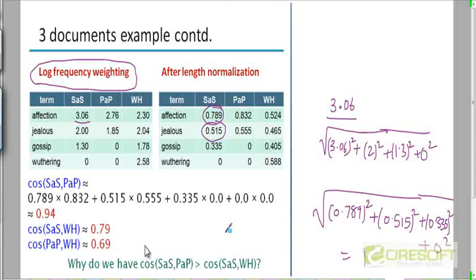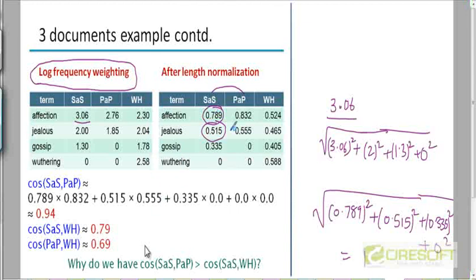4-dimensional space. Now let's compute the cosine score between these 2 novels, Sense and Sensibility and Pride and Prejudice. The cosine score will be just given by the dot product of these 2 vectors, because they've already been normalized. So we don't have the product of their magnitudes in the denominator.